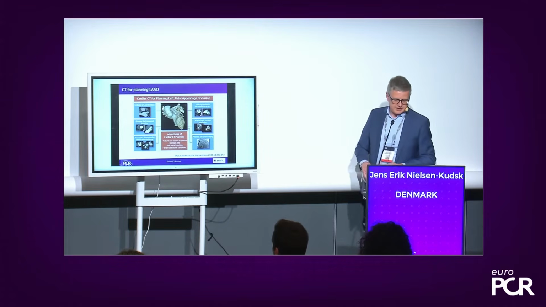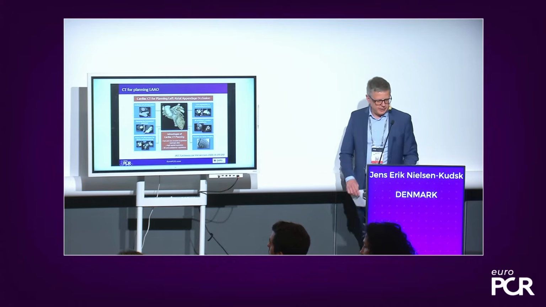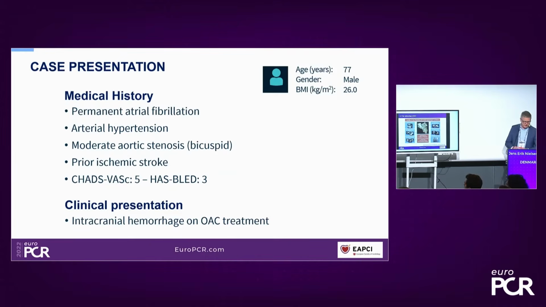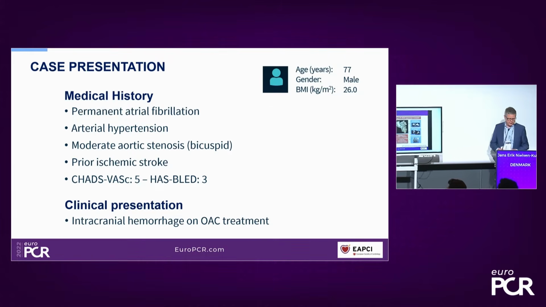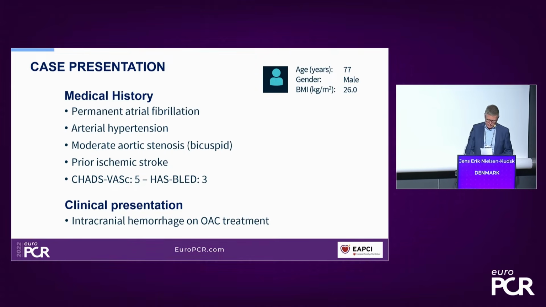This gentleman is 77 years old, with AF, hypertension, moderate aortic stenosis, and a clinical presentation with intracranial hemorrhage while on oral anticoagulation treatment, with a very high risk of ischemic stroke, a very high risk of bleeding, and also a risk of recurrent ICH.